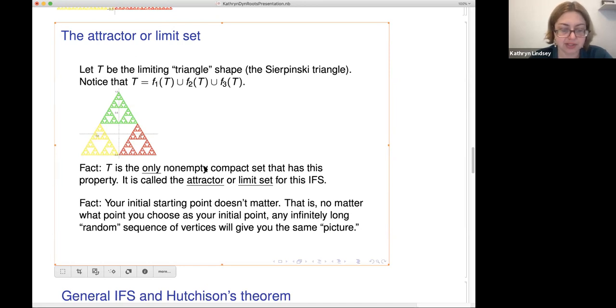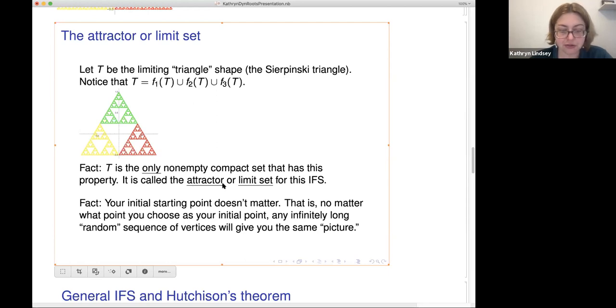Now I've got to put in some qualifiers. Non-empty, because the empty set is equal to the empty set, and the whole complex plane also has this property. So I've got to put compact, but in fact, the Sierpinski triangle is the only non-empty compact set that is equal to the union of its images under the 3 generators.